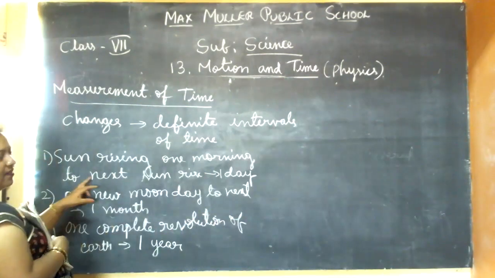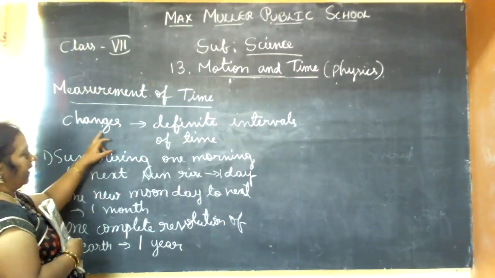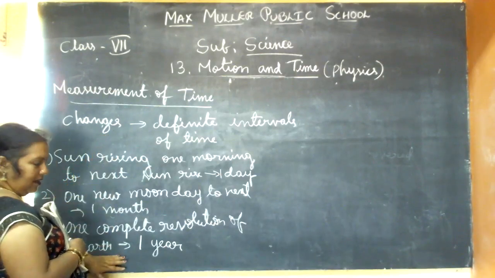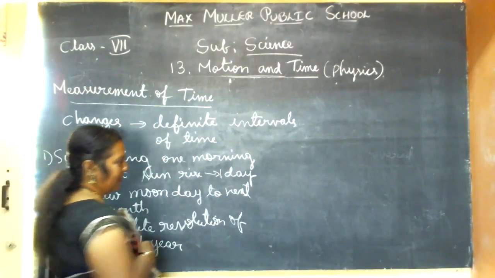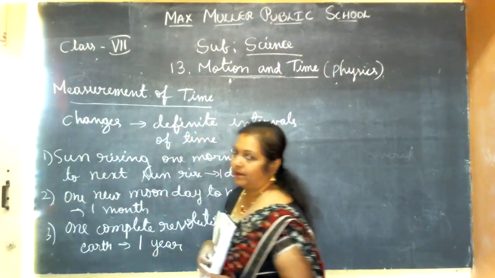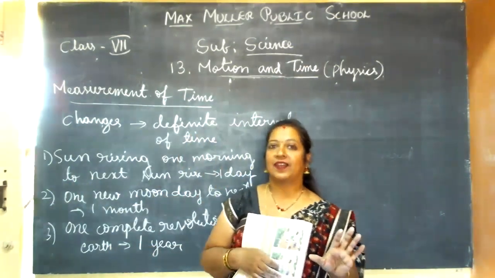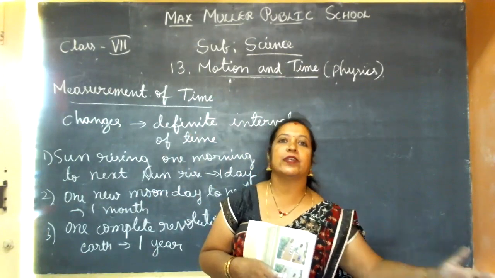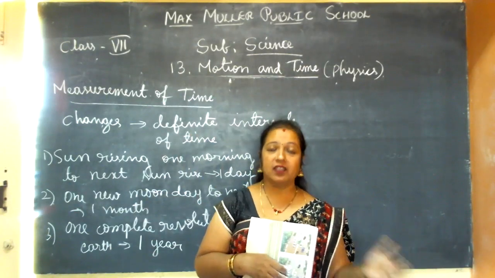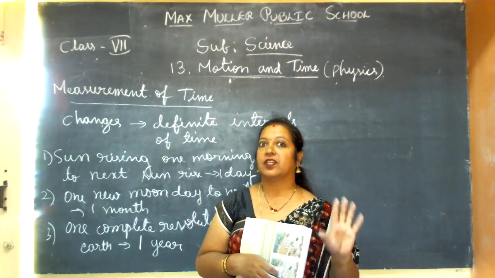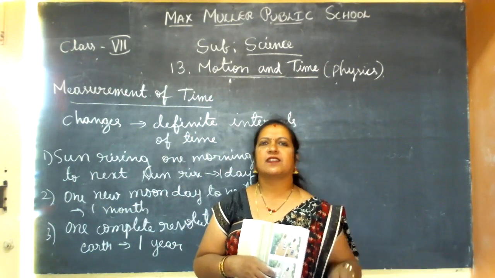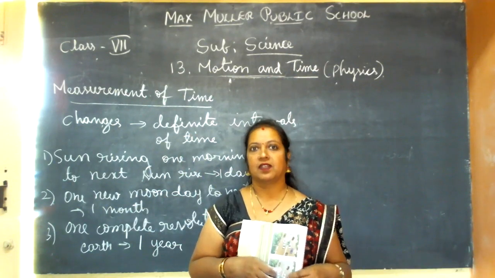So they calculated months, days, and then 1 year also. In this way, the day, month and year are calculated. This is the duration of time. In that way, they are measuring some details about the timings.